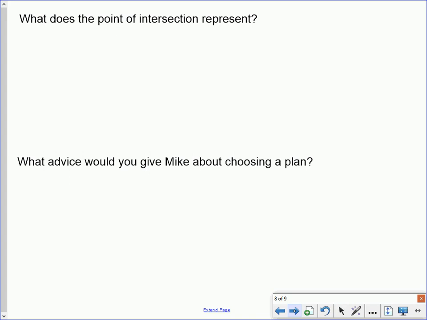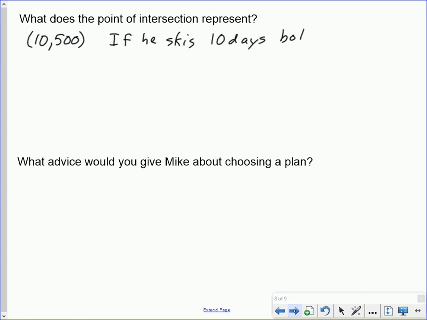Well, the point of intersection is 10, 500. It represents if he skis 10 days, both plans cost the same amount. They cost $500.